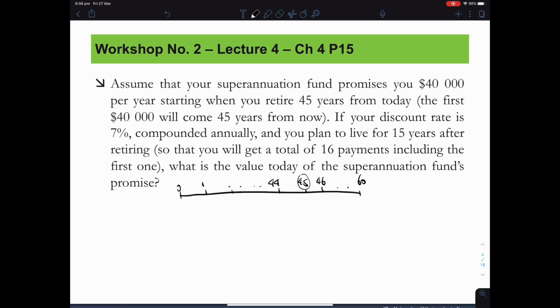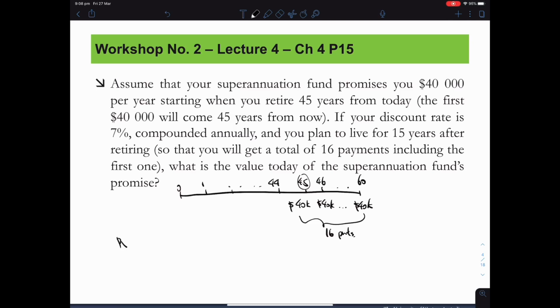So you will get 40K from here, and 40K from here, all the way to here. What does that mean? The question already tells you how many payments there are. There are 16 payments. This is very important. All right, 16 payments. So how do we go about it?